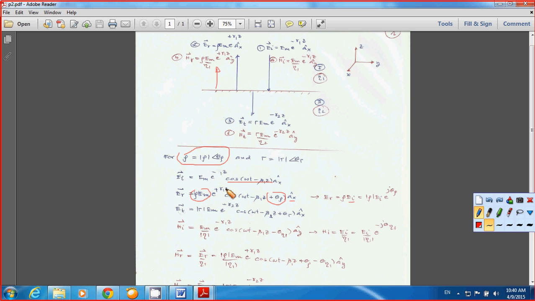Okay. And keep in mind here that your gamma 1 becomes alpha 1 plus j beta 1, where beta 1 is the phase constant and alpha 1 is the attenuation constant. It will show you how fast the electric field will be attenuated, or how fast it will decrease.